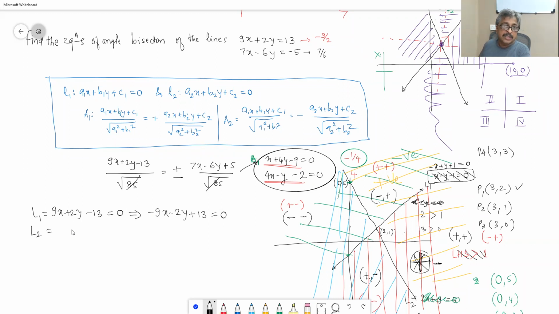L2 is given as 7x minus 6y plus 5 is equal to 0. I will use it as it is, because what I am trying to do is make this constant positive. That is a good thing to have. So the constant, I deliberately made it positive.